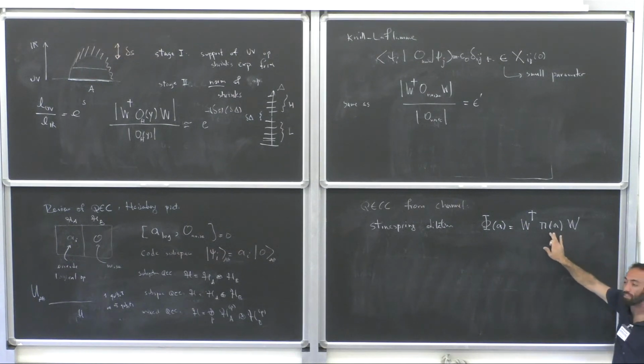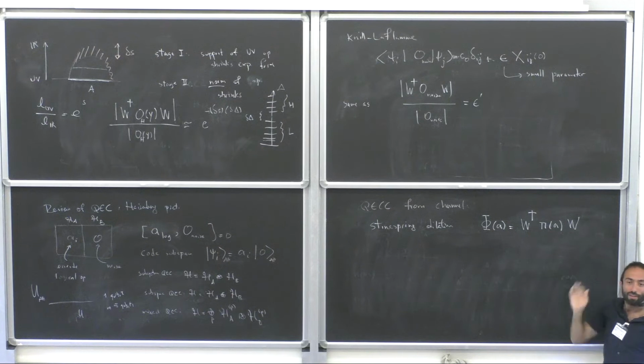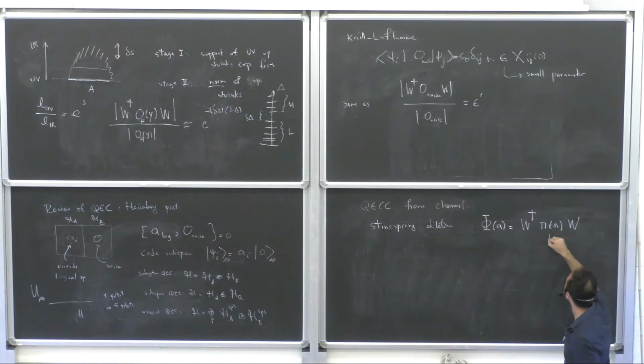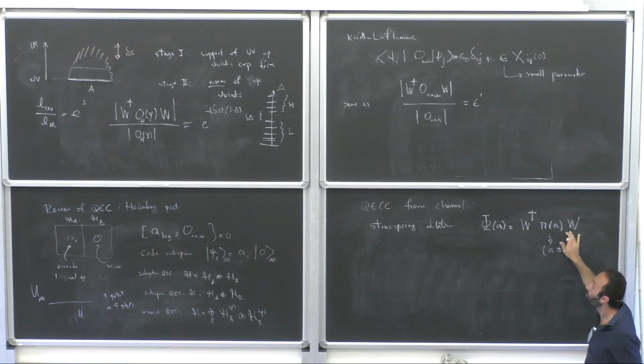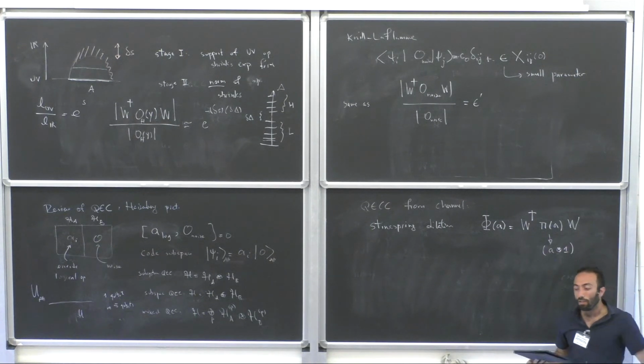This is just a representation. If you want to focus on finite-dimensional quantum systems, this is just A tensor some identity. This is just saying that any quantum channel is just some partial trace in some enlarged Hilbert space.